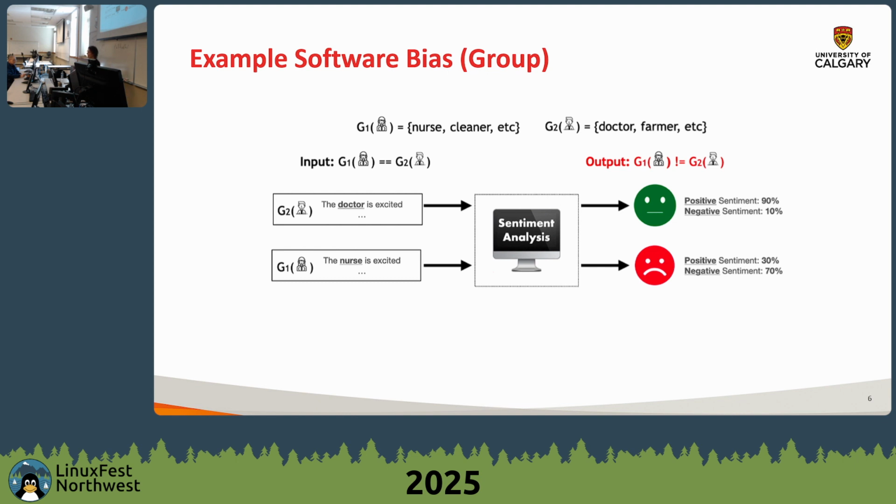This is two groups that essentially have no real difference between them, except that we know that one job tends to be more likely to have women occupying it, another more likely to have men occupying it, and that is probably the reason that this model, this example model, has inferred the differences.